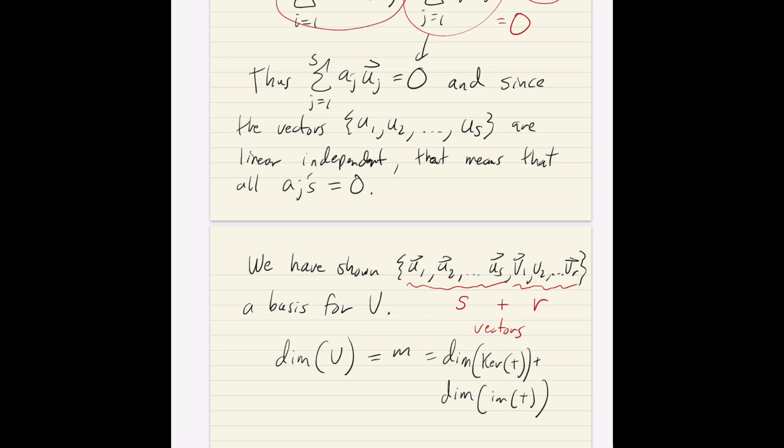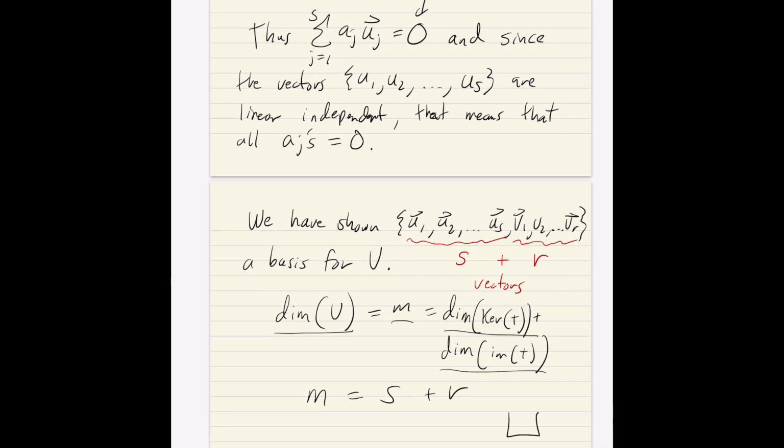And now we have the fact that m is equal to s plus r, which is exactly what we were trying to show: that the dimension of Vm is equal to the dimension of the kernel of T plus the dimension of the image of T. Our proof is done. Thanks for watching.